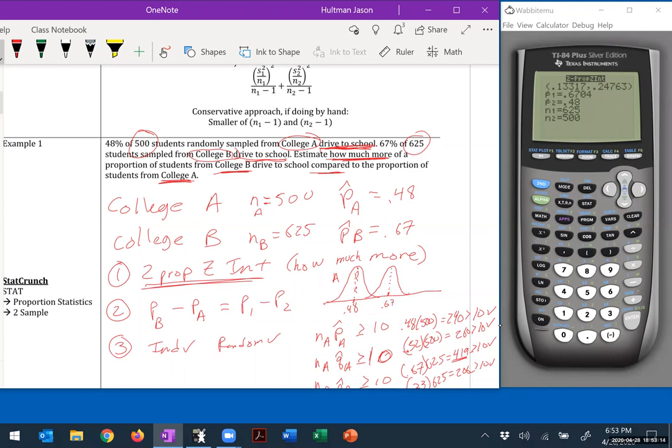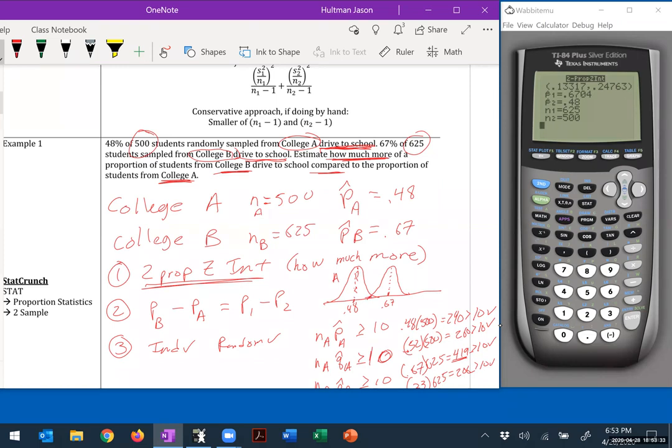be at 67%. And so you get not even an overlap to where they could possibly be equal to each other in the same population.